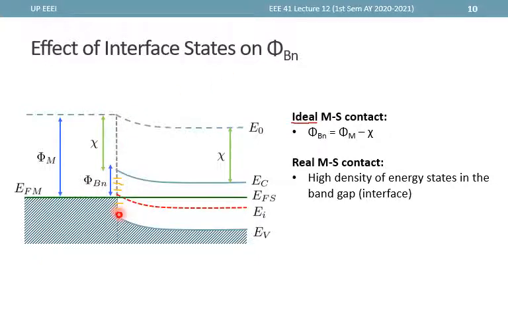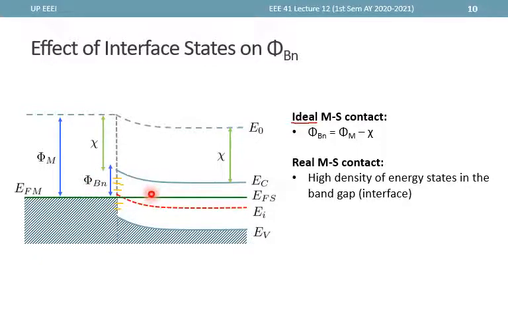Now, what causes this one? One of them is that, for example, we have a crystalline silicon of some lattice constant, and the lattice constant at the metal side is not perfectly the same. Then, therefore, they will not form the crystal perfectly.